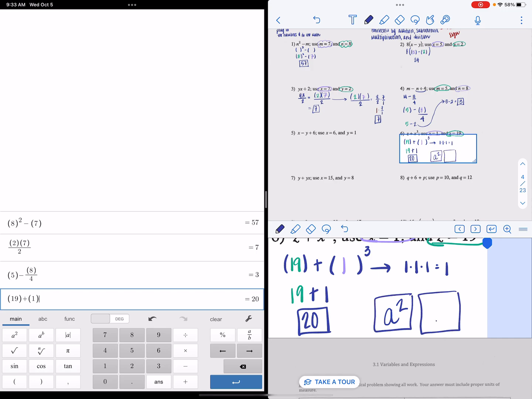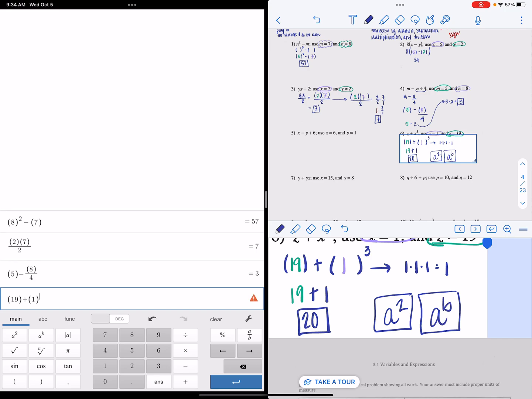There is a button that says a to the b. If you tap that little guy, it will let you put in whatever exponent you want to. You can put a 3, you can put a 2.5, whatever you need to put up there. So that is where you would put in a cubed, a fourth power, anything I ask. If you want to get in the habit of just using that a to the b button for anything, then you don't have to worry about the squared button. Because plugging in a 2 right there is always an option.